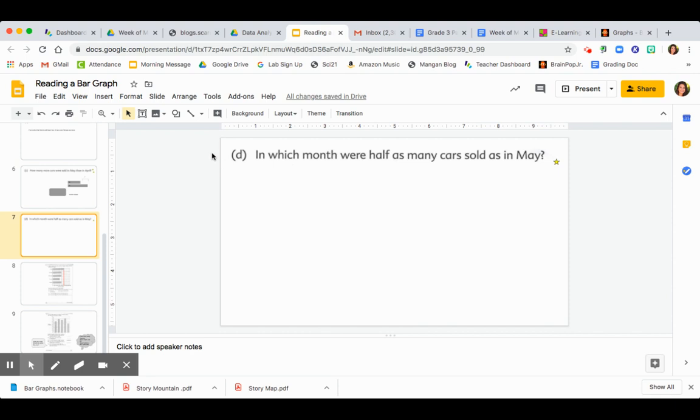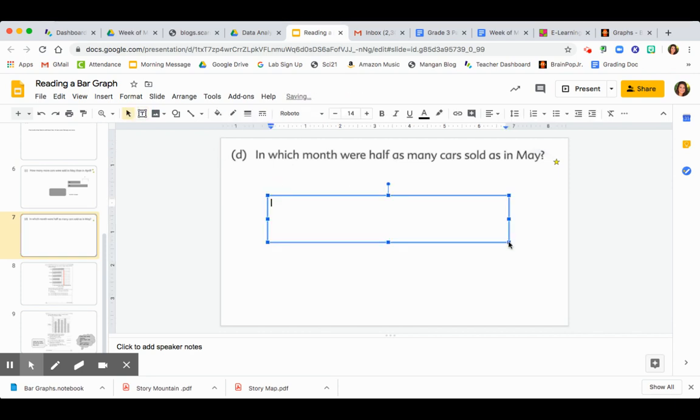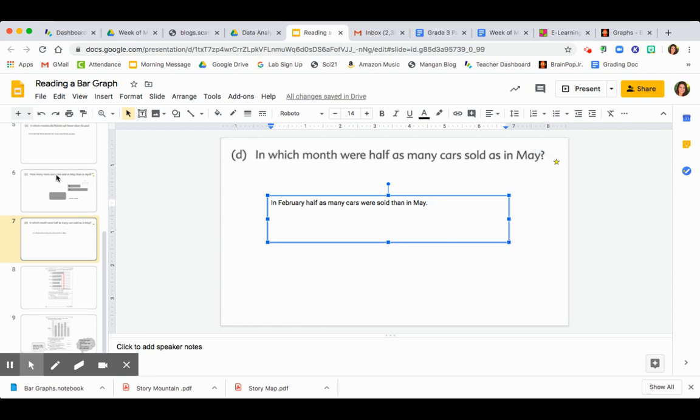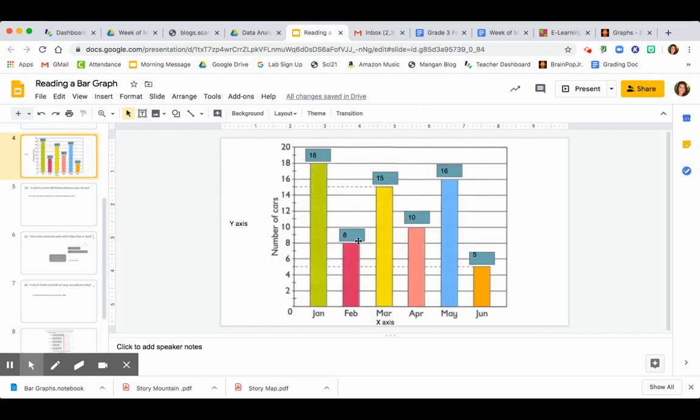So we would say, and I'm just going to grab a text box, that in February, half as many cars were sold than in May. Because May sold 16, and in February, he sold 8. All right? So see how we use the bar graph to help us quickly find information, and how when we solved the bar graph first, it helped us quickly see the data instead of having to do it every time.